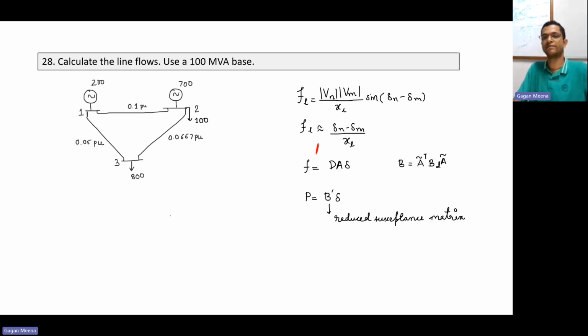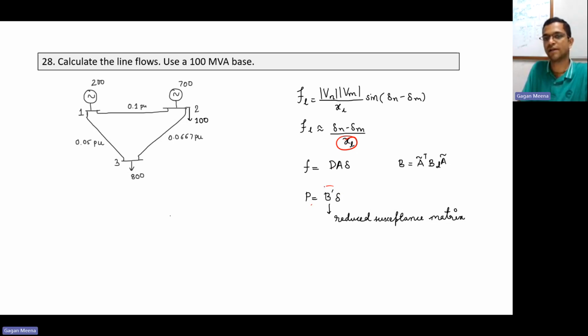And this we can write in the form of a matrix, where this is a diagonal matrix, this is our incidence matrix, and this is the delta. The diagonal matrix is 1 by XL1, 1 by XL2, 1 by XL3.